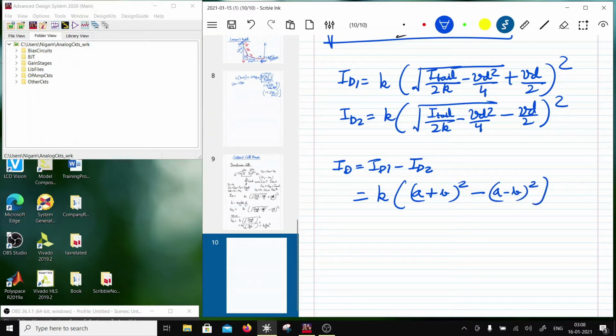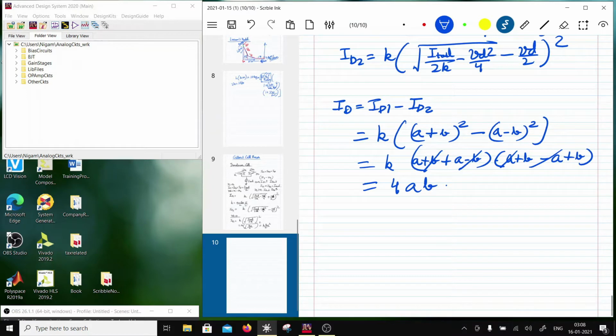So this will be (a plus b) into (a minus b), and that term becomes 4 times of A into B, correct?